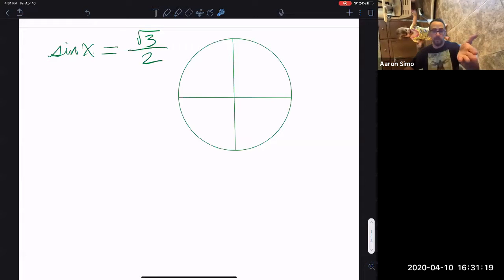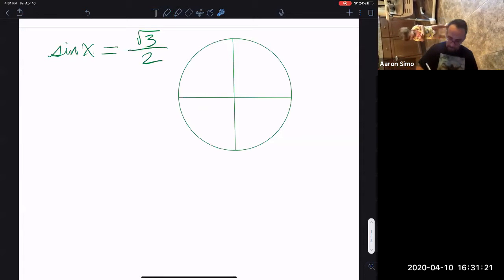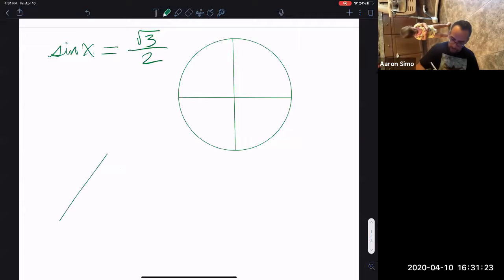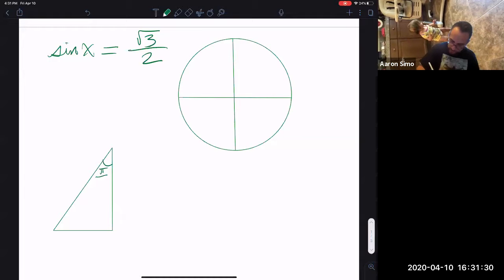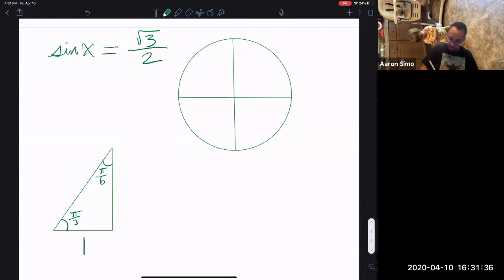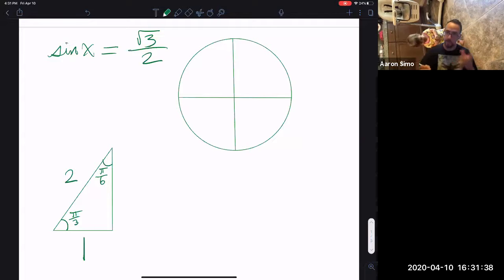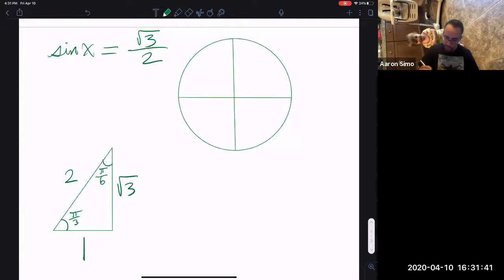And where does sine equal root 3 over 2? Well, I forgot, so let me draw a triangle. I know that this is the pi over 6, the smaller angle. This is the pi over 3. Across from the pi over 6 is 1, the hypotenuse is double, it's 2, and this is root 3.